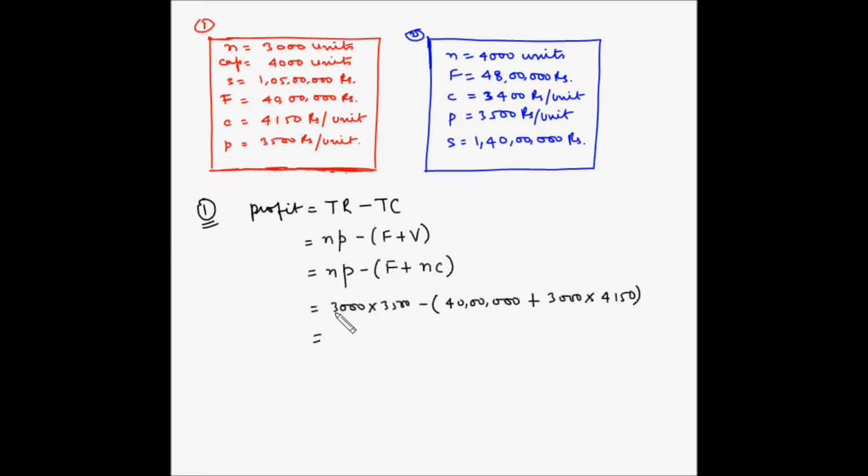So 35 multiplied by 3 is 105. So 105, 0, 0, 0, 0, 0, minus 40 lakhs, plus 4,150 multiplied by 3,000. So 5 threes are 15, 1 carryover, 3 ones are 3, 4, 3 fours are 12, and then 1, 2, 3, and 4 zeros.